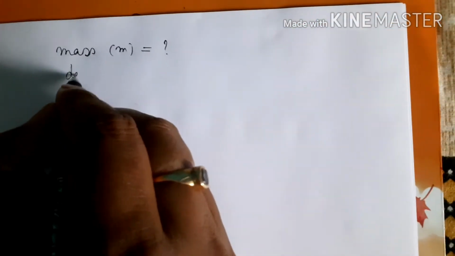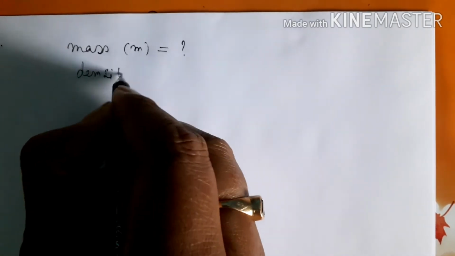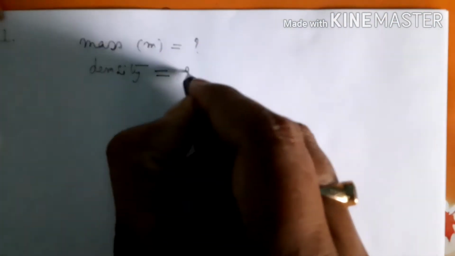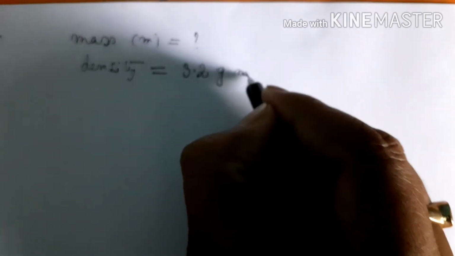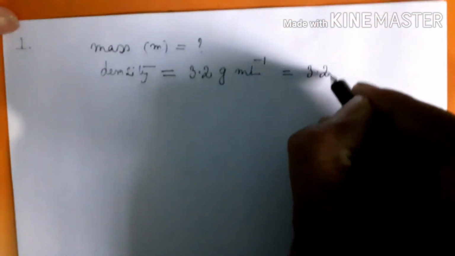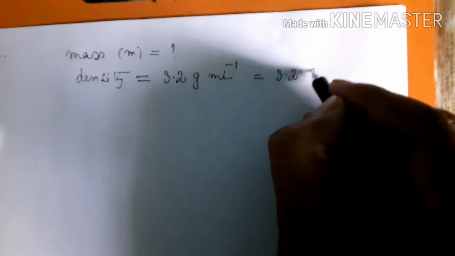What things are given? The density of that liquid is given, that is 3.2 gram per milliliter.